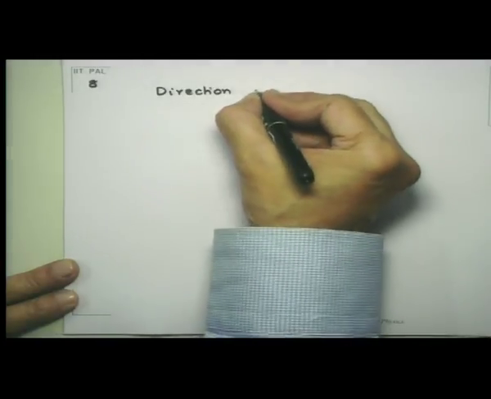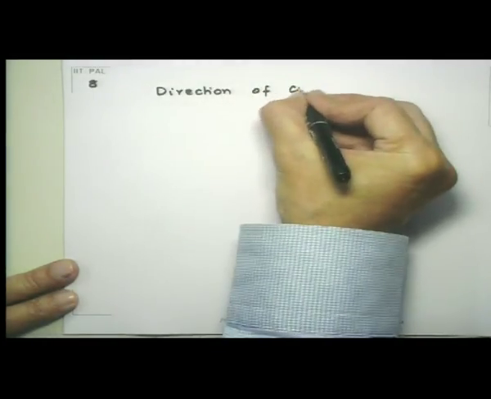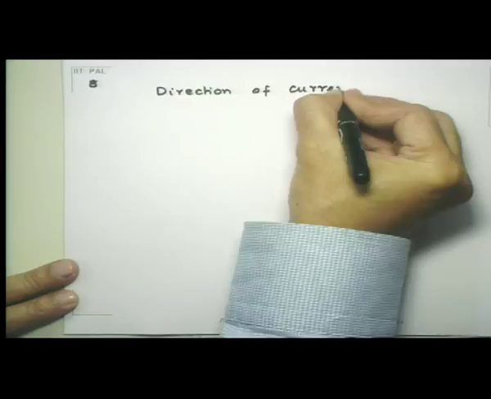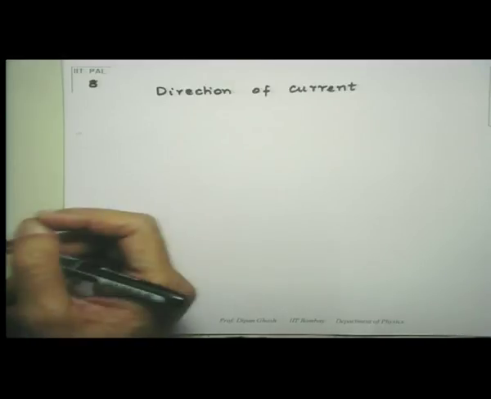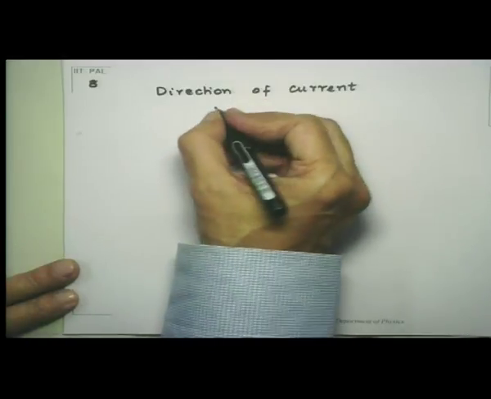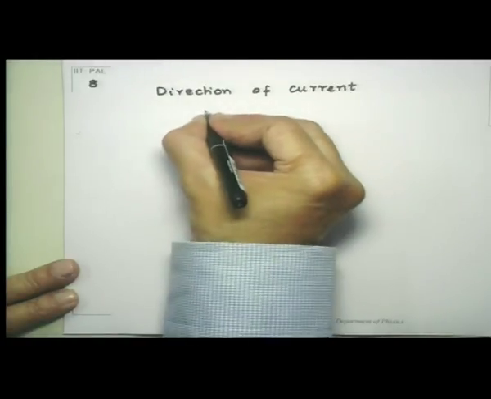So direction of current. Now conventionally, in spite of the fact that the electrons contribute for the bulk of the currents in situations that we are interested in, it has always been defined as the direction of flow of positive charge.